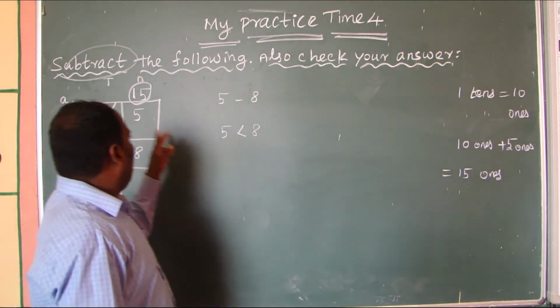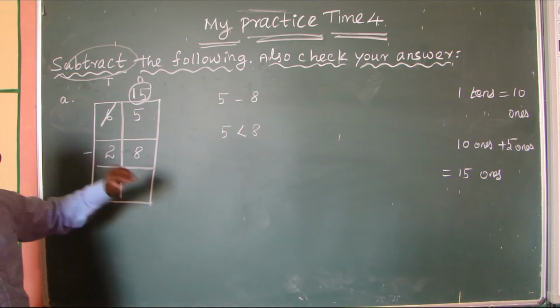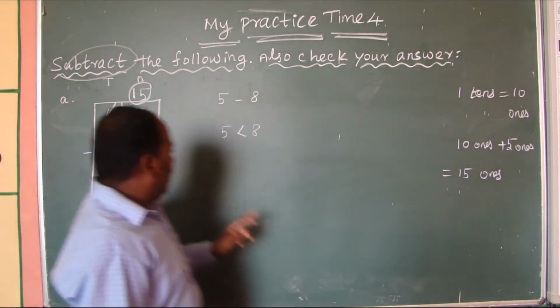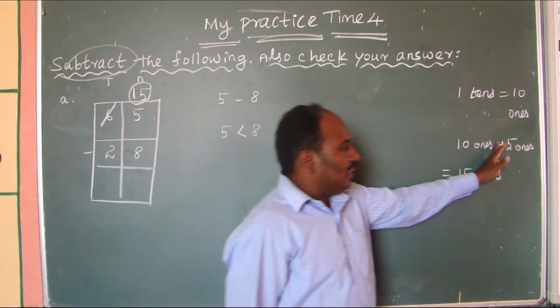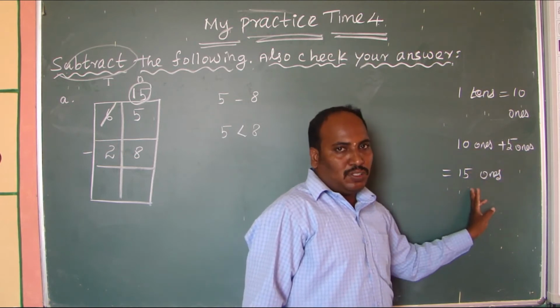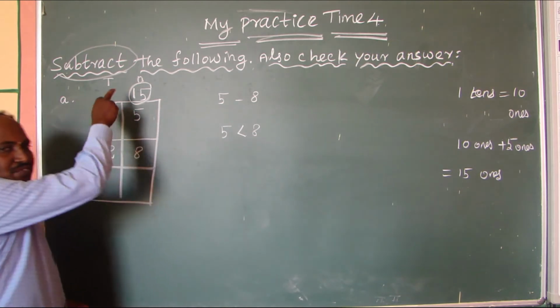Listen here. Borrow 1 from the tens place. So borrow 1 ten is equal to 10 ones. Then 5 ones, already 5 ones are there. So 10 ones plus 5 ones, 10 plus 5 is equal to 15. 15 ones. So 5 becomes 15.